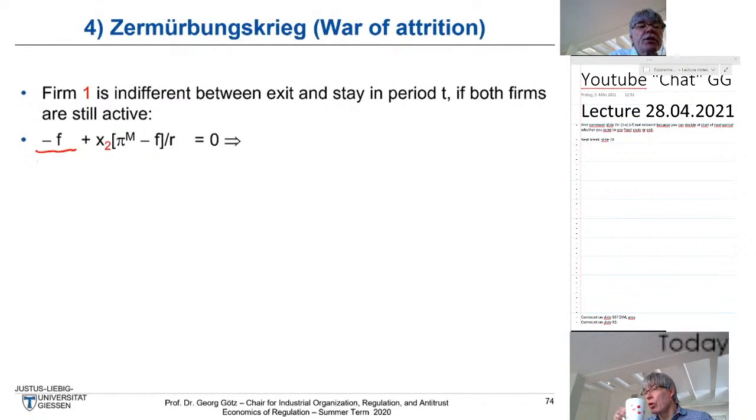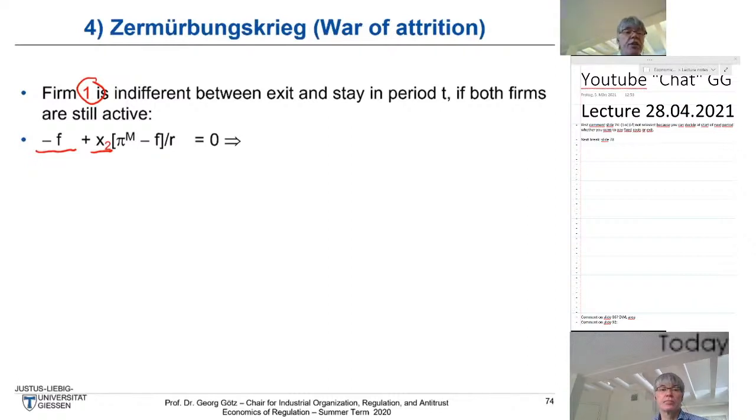Now, here we are talking about firm 1, okay? X2 is the probability that firm 2 exits in the next instant, in a sense, or in the next period. Then, if firm 2 exits, firm 1's profit from next period on will be just the monopoly profit for all time. The operating profit would be pi m minus F, so this is a net profit, then divided by r.